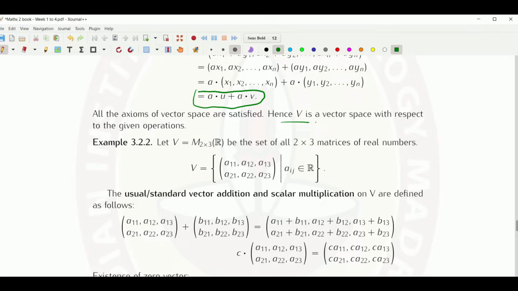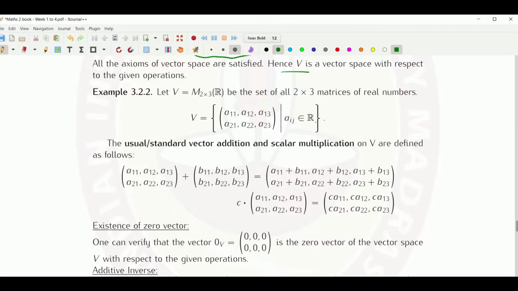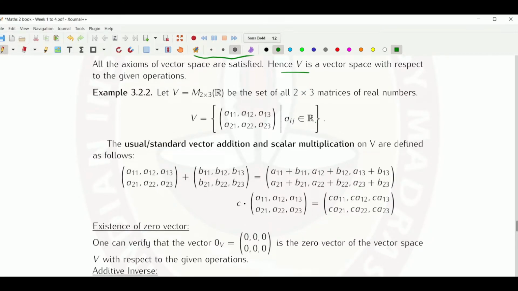Let's take an example. V is equal to M2x3, the set of all 2 by 3 matrices of real numbers. The usual standard vector addition and scalar multiplication on V are defined as follows.